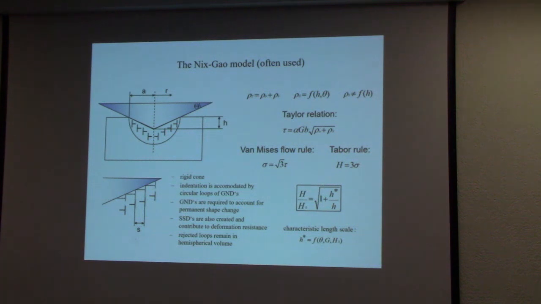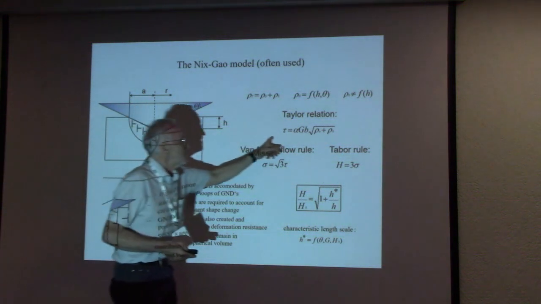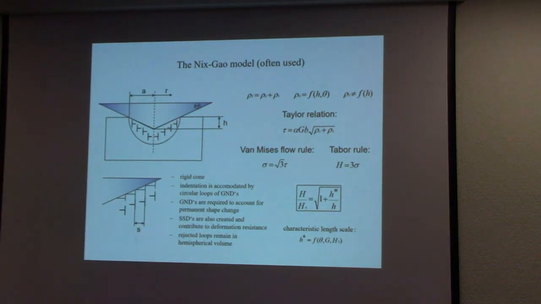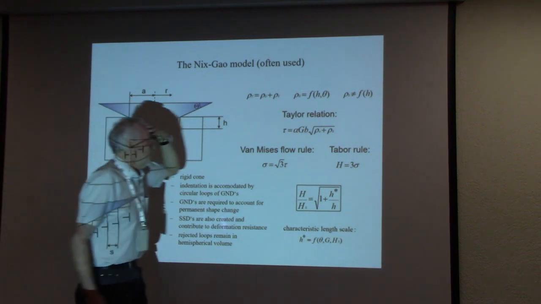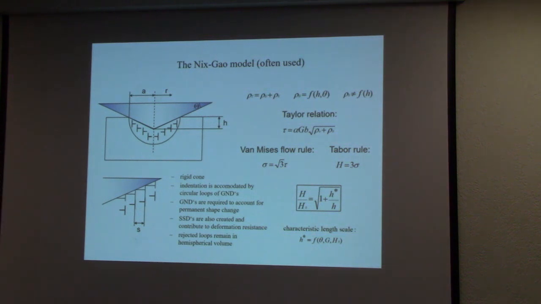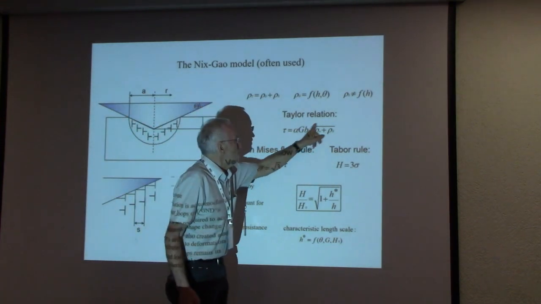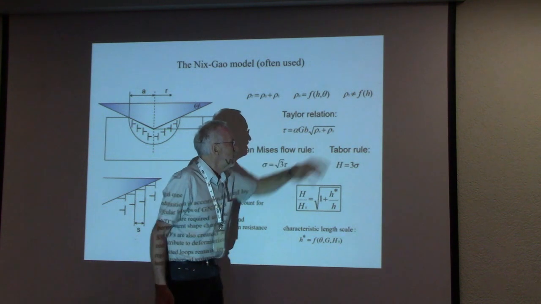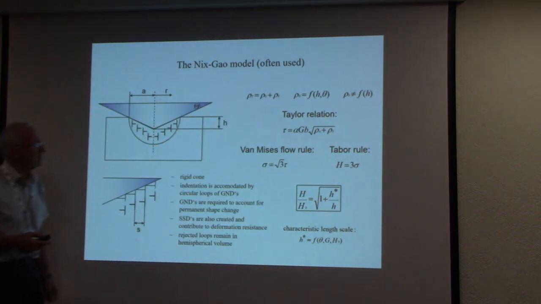And if one takes this into account with this strain gradient concept, which is more or less based on the concept already introduced in 1913 by Taylor, that the yield stress is proportional to the square root of the dislocation density, and then there exist statistically stored and geometrically necessary dislocations.